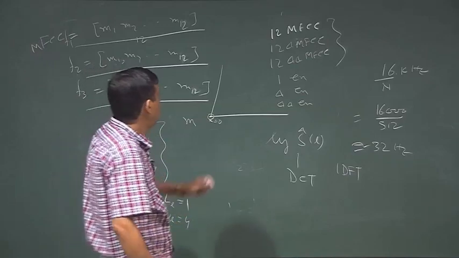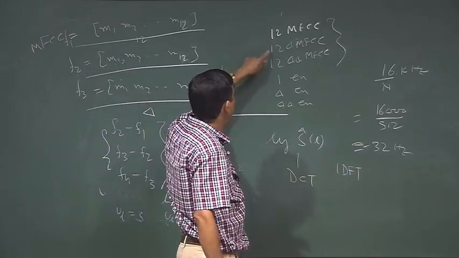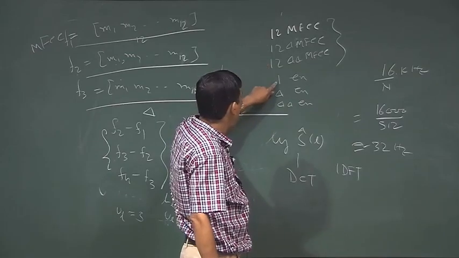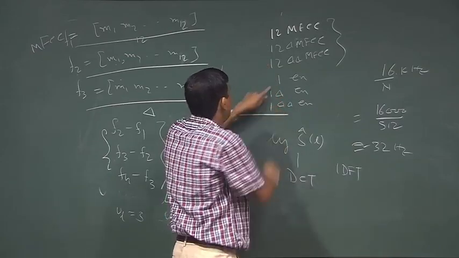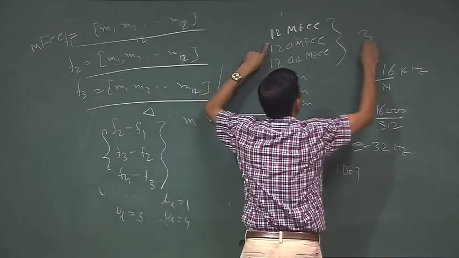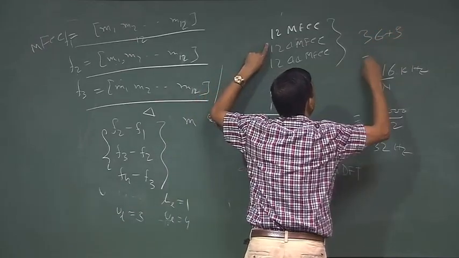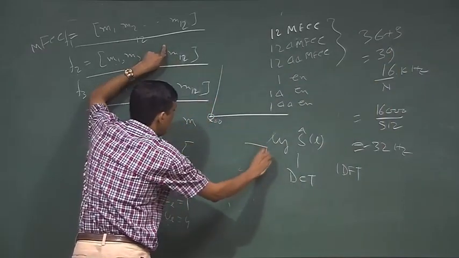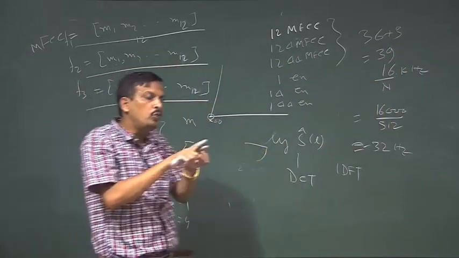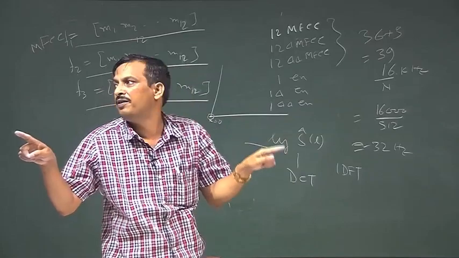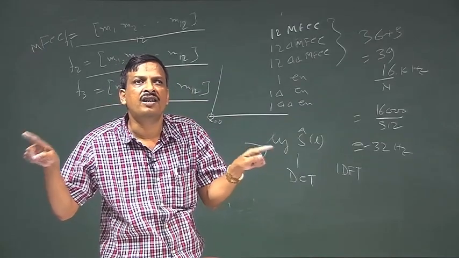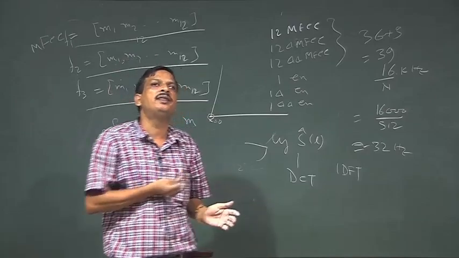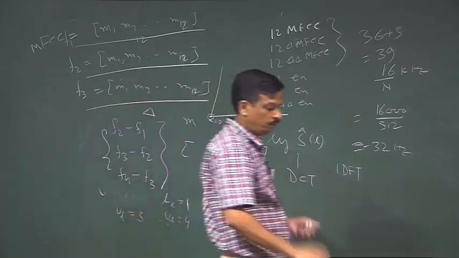So, that gives me 12, 12, 12, and 1, 1, 1. So, 36 plus 3, a 39 dimensional feature vector. So, this is called the MFCC feature vector with 39 dimensions. Okay.